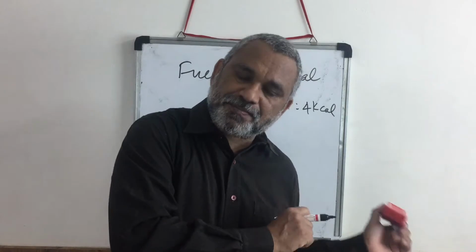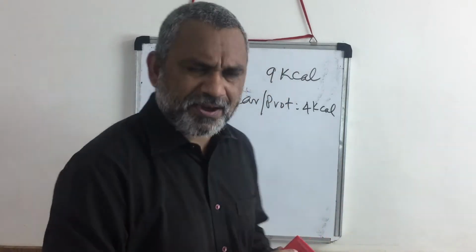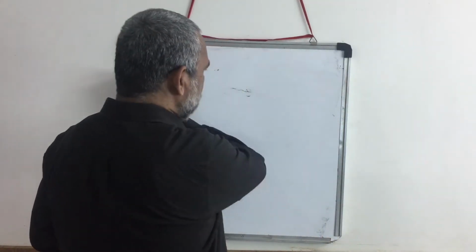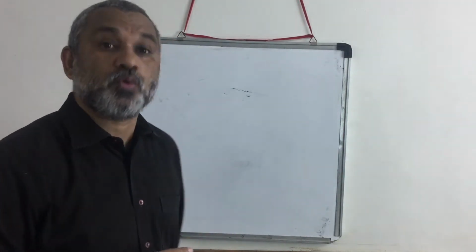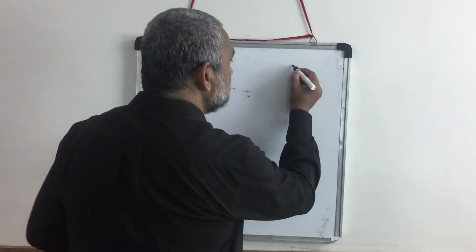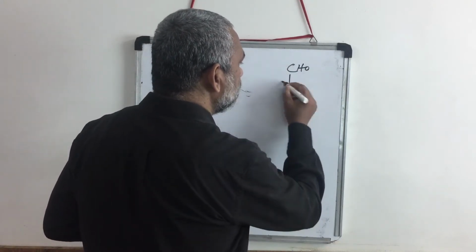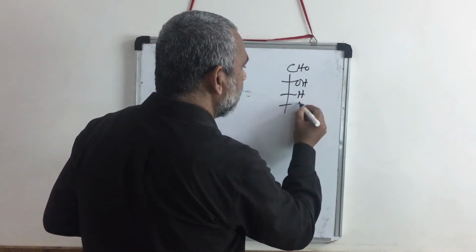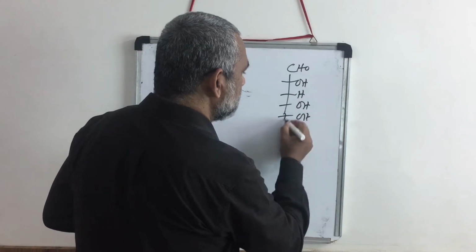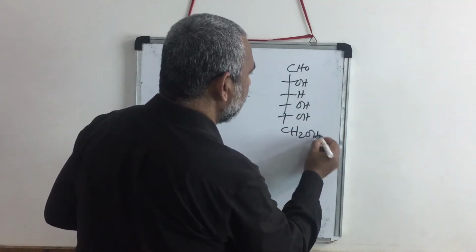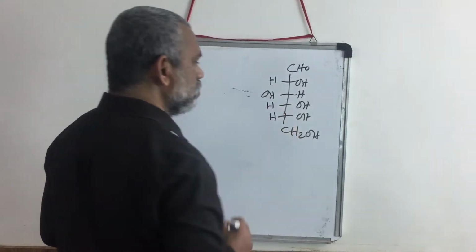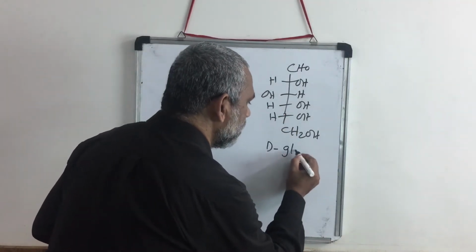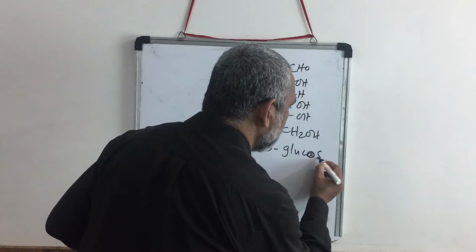To explain this, let us take a very simple example: glucose. This is the structure of glucose, with 6 carbon atoms. This is D-glucose.